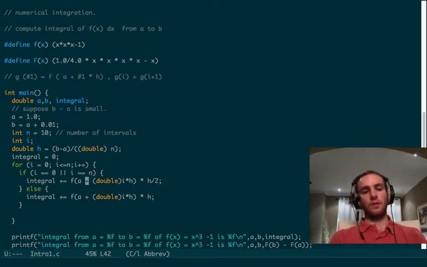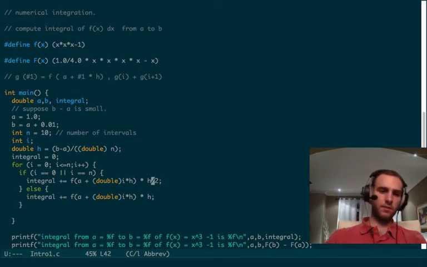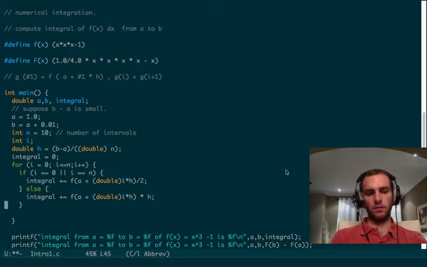Other thing you can notice is that you're multiplying by h every time, so you can just pull that h in front of the sum basically and do this.